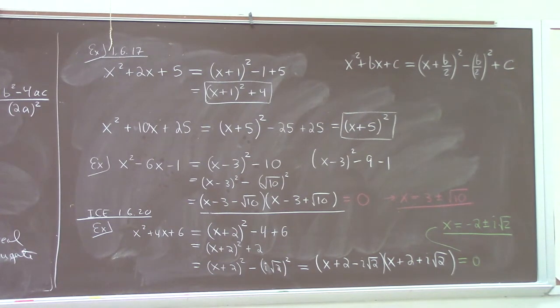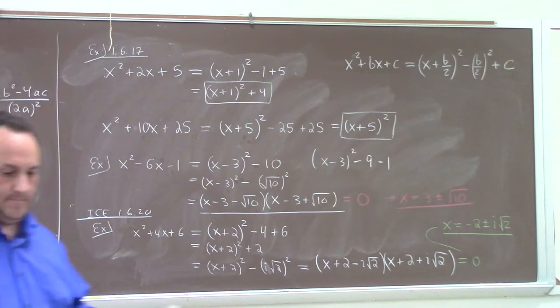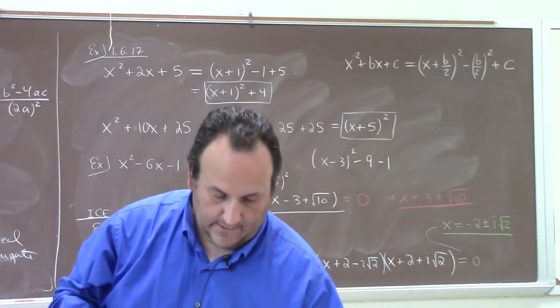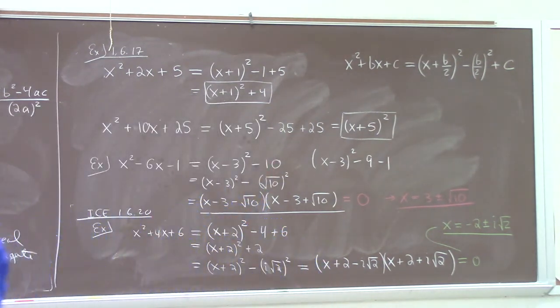Now, what does that mean? Well, complex solutions come in conjugate pairs, right? So if p of 2 plus i is 0, it also has to be the fact that p of 2 minus i is also equal to 0, right?